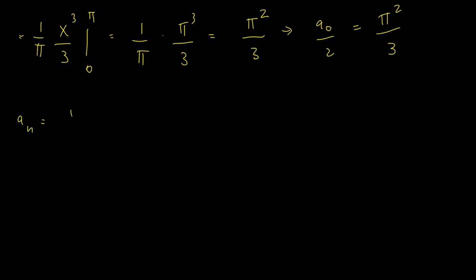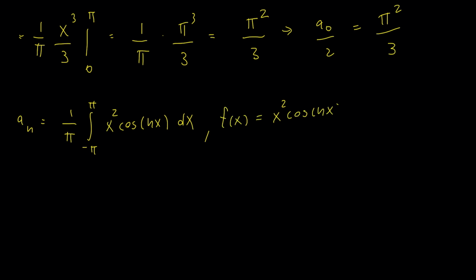So an is 1 over pi, the integral from minus pi to pi of x squared cosine of nx dx. And we'll analyze the function f of x equals x squared cosine nx by plugging in negative x.